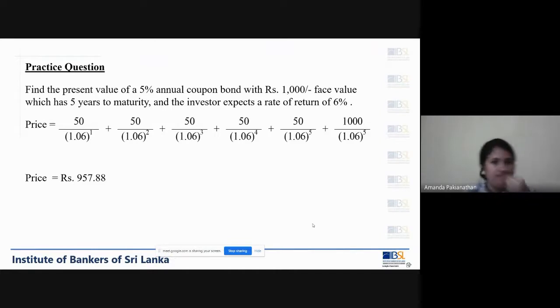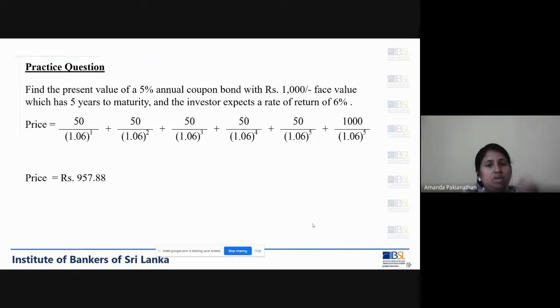Present value of a 5% annual coupon bond with a 1,000 rupee face value has 5 years to maturity. Investor expects a rate of return of 6%. Now, what's my first step? First step is to know the coupon amount.